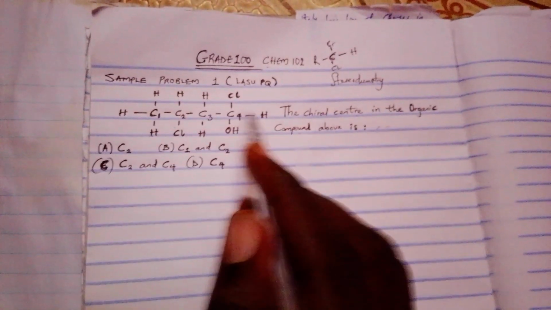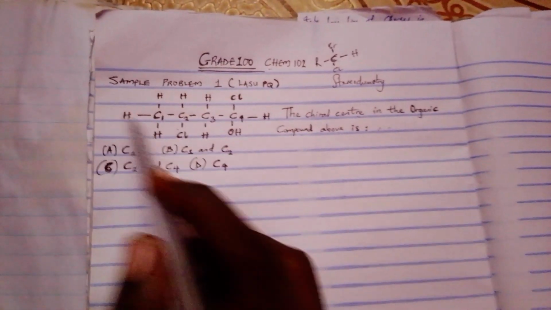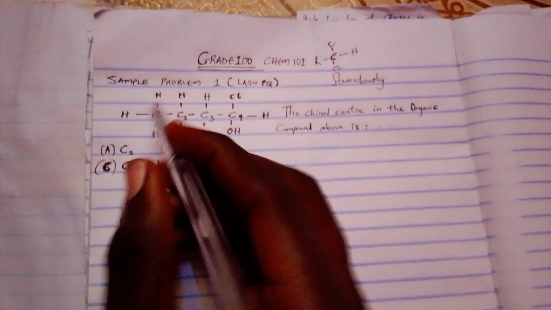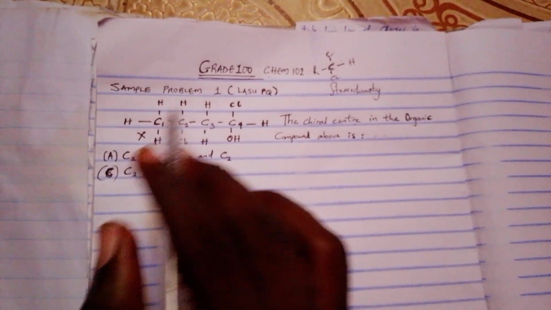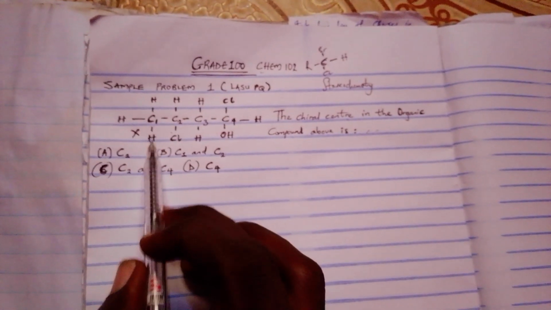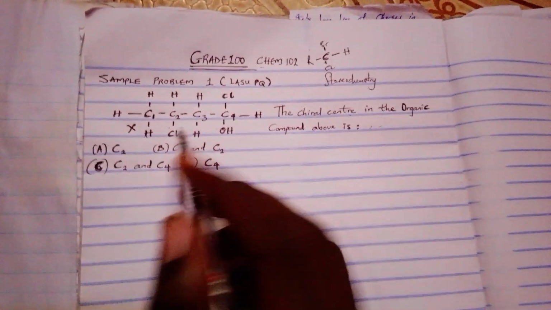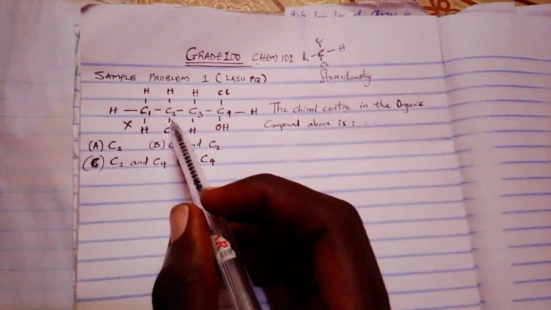If you see that a carbon atom is attached to 2 identical groups, just know that it is not a chiral center, because it must be attached to 4 different groups. Since carbon 1 is attached to two hydrogens, it is not a chiral carbon. Now let's move to carbon 2.